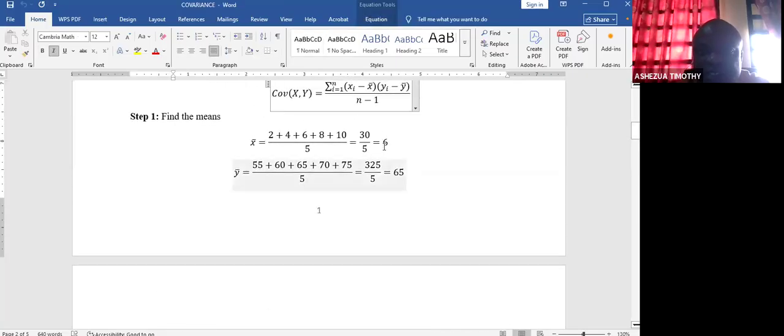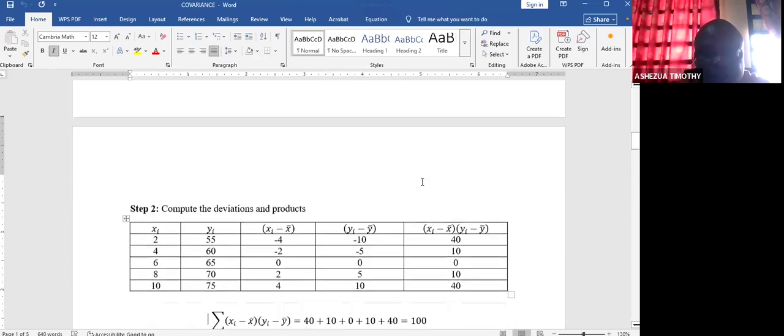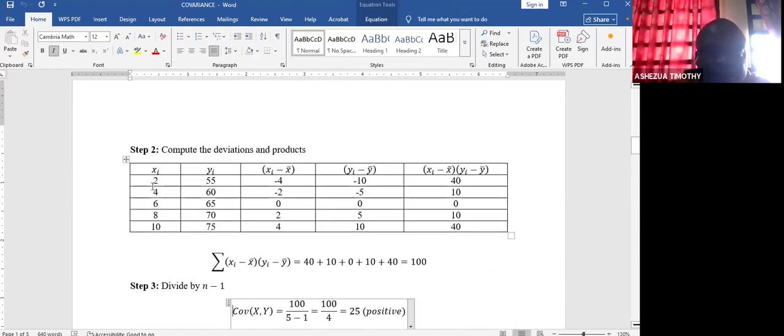For y, 55 minus the mean, which is 60, you have minus 10. The values of this column times the values of this column, you have 40.